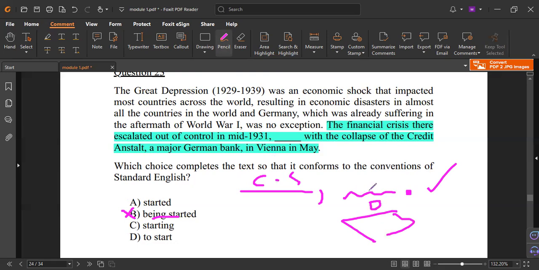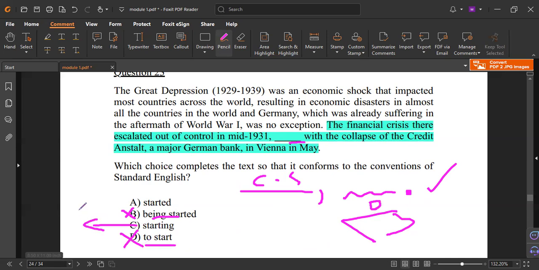Why? Because if you make it complete here and complete there, it will become a splice. This part must be not complete. Now to start with the collapse. So to do the action to start with the collapse, the financial crisis escalated? No, there is no reason.